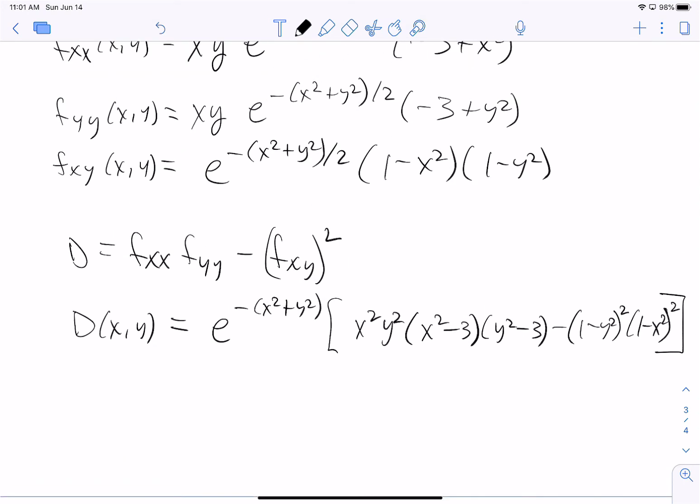I know this is going by really fast here, but hey, you have the ability to pause it and go back and make sure that you see all the algebraic steps. I'm really focused more on what we do at this point.